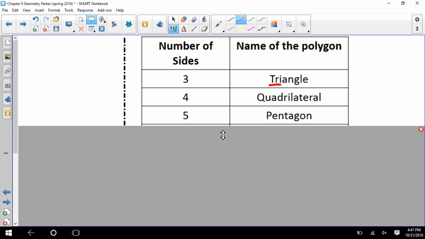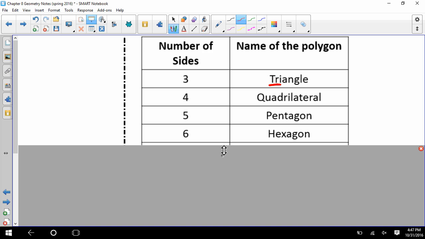5-sided is a pentagon. And you can pause if I go too fast. 6 sides is a hexagon, and you will need to know these names.